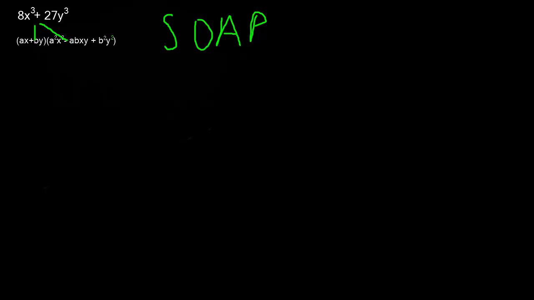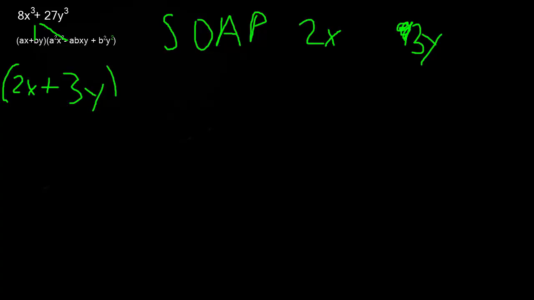And once again, I use the same numbers so you could see the difference. So once again, cube root both of these. 3y. And we start here, same thing, plugging it into the original formula format.